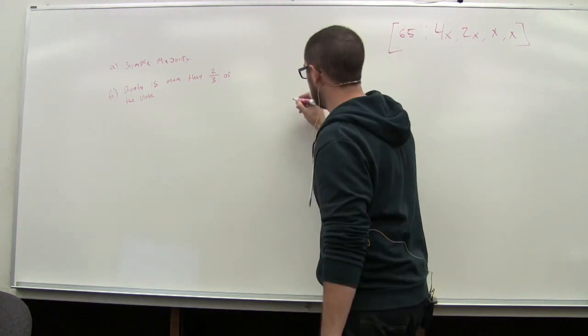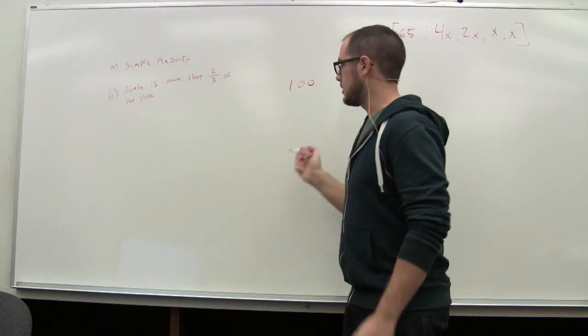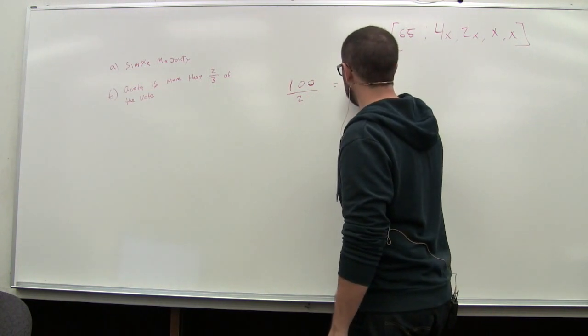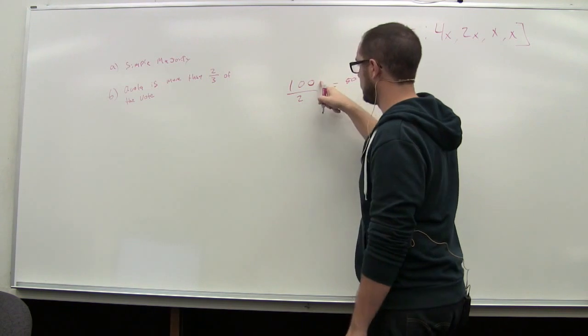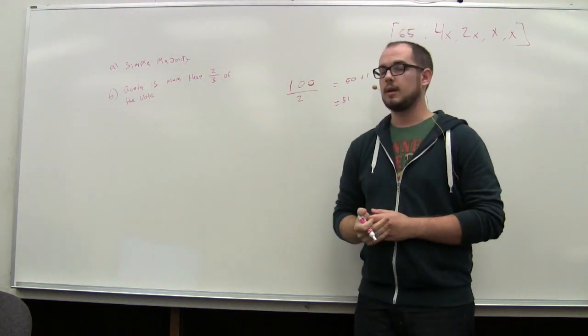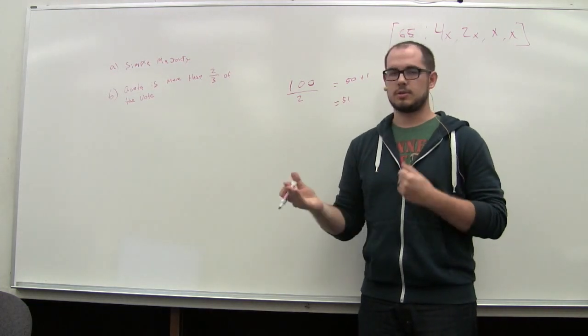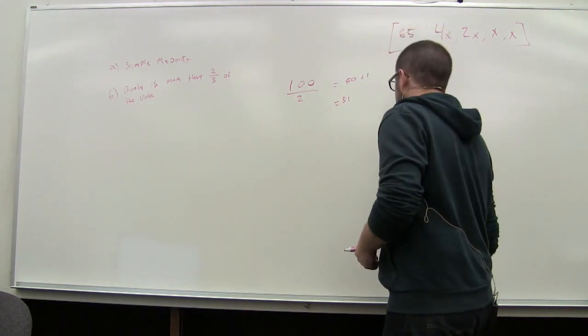So if our total votes equals 100, all we have to do to find a simple majority is divide the total votes by 2, which gives us 50, and we add 1. So a simple majority of 100 would end up being 51. And we need that because if we had exactly half the votes be our quota, then either side could win. Yes could win, no could win. So that's why we do a simple majority.